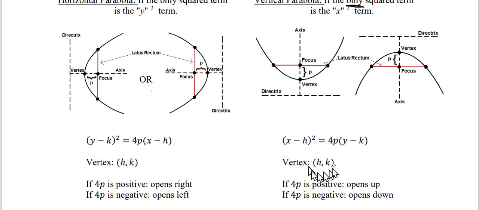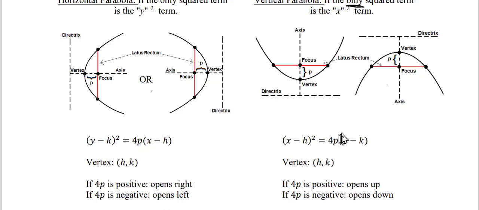Hopefully you can see that the vertex will still be (h, k), whichever format we're in here. This 4p will be the coefficient on the non-squared term, whichever format we're in. If 4p is positive in this situation where the y is squared, it opens right. If it's negative, it opens left.